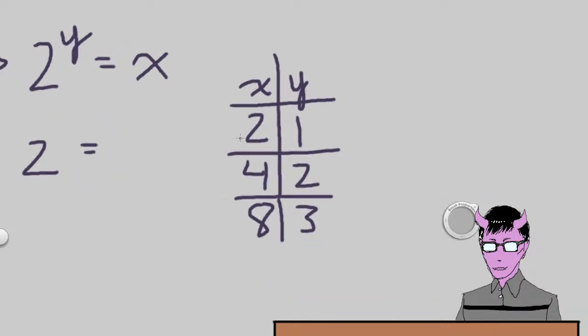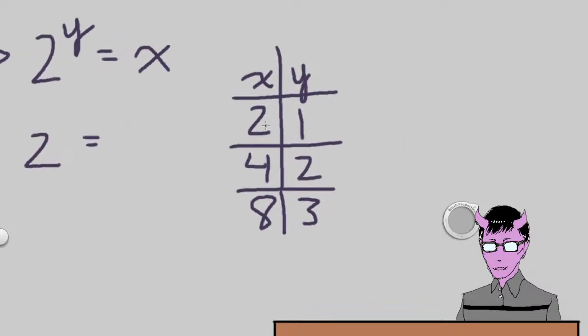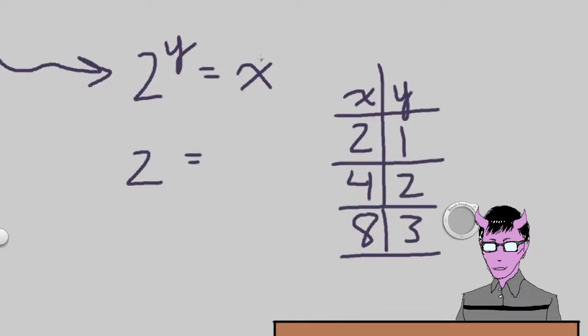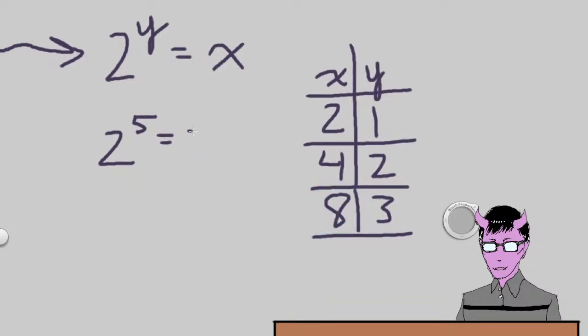So make note of what's happening. As the x values are increasing, the y values are also increasing. And you notice that the x's increase more rapidly than do the y values at the moment. So that's pretty interesting. Let's just do one more for the road. So if we have something like y is equal to 5, for example, then x will be equal to 32.